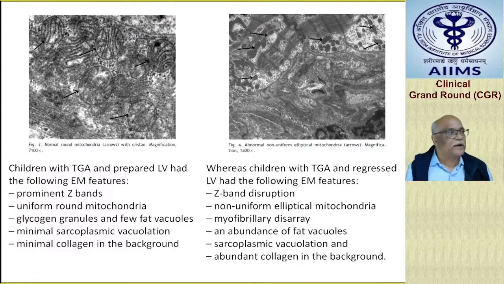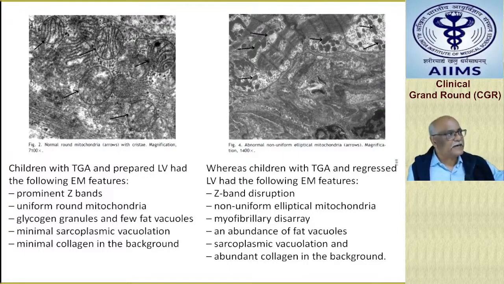And look at the mitochondria. Mitochondria on the preserved side are large, uniform in shape, and picture-wise, their cristae are very well formed. But on the regressed ventricle, they are shrunken, non-uniform in size, plus the sarcoplasmic reticulum. Sarcoplasmic reticulum works as a transport system.